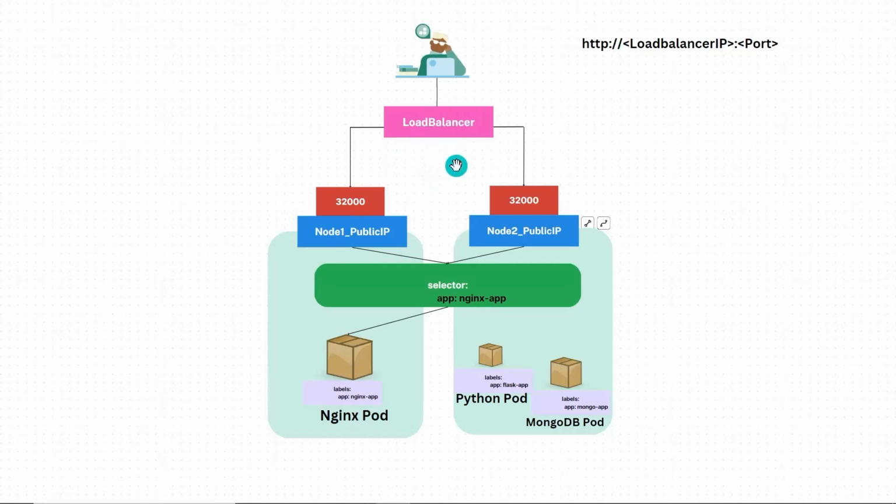Here you can specify, for example, 443 or 80, and you can use those ports for accessing the application. And moreover, this load balancer IP will not change, so there is no need for you to change the URLs very frequently. With the node port service, whenever the node IP address changes, you have to change the URL for accessing the application. But in case of load balancer, this IP will not change.